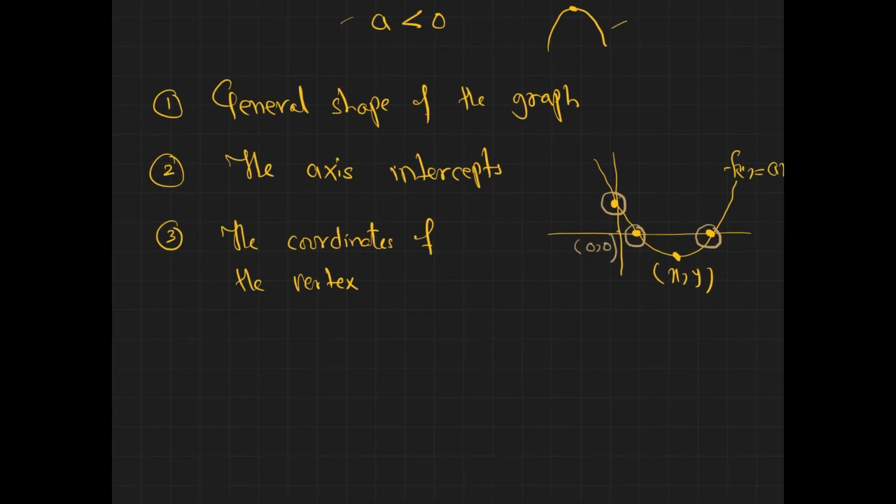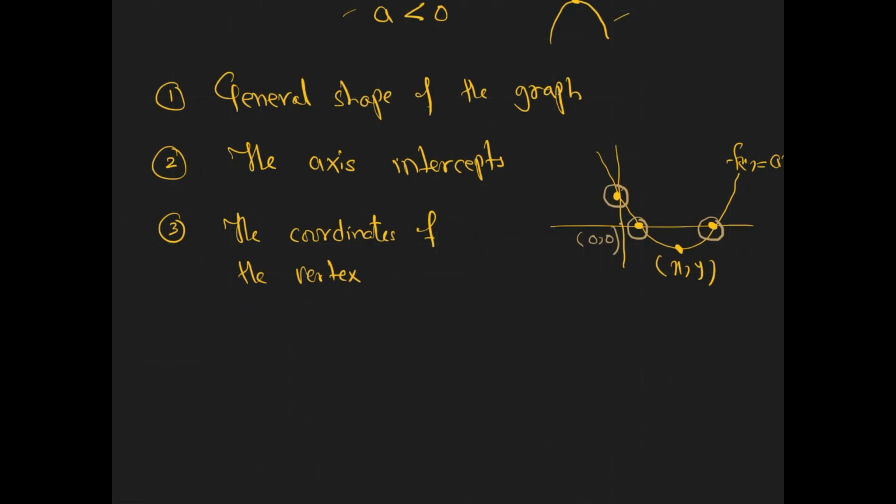Once we have all these pieces of information, we are able to sketch the graph of any given quadratic function. The best approach to sketch the graph of a quadratic function is to change the original quadratic function into its completed square form. If my original function is ax² + bx + c, after converting it into completed square form, I will get p(x − q)² + r, where p, q and r are constants.